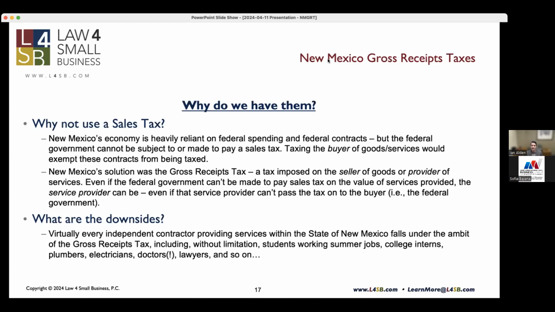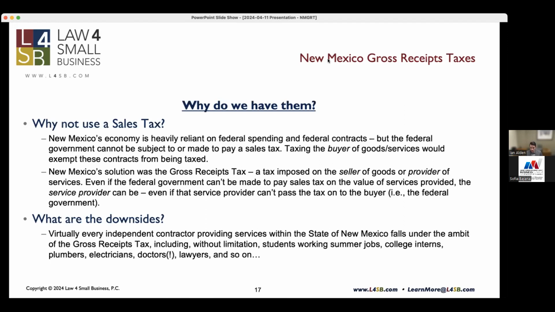If you get that NTTC, you then do not need to pay gross receipts tax on that transaction, which means you don't need to pass that tax on to the buyer, the retailer. You do report the income and you report the NTTC that you are using with respect to that income.